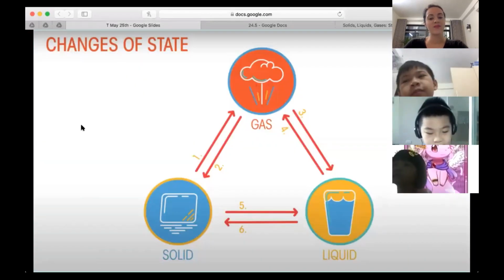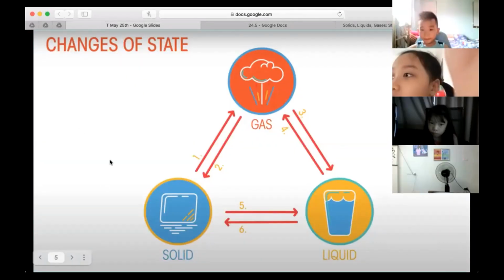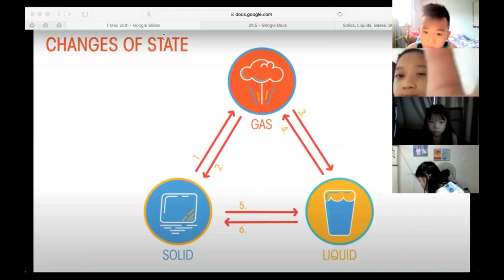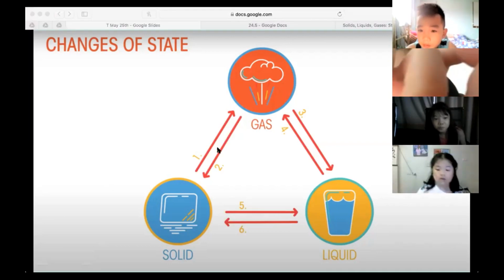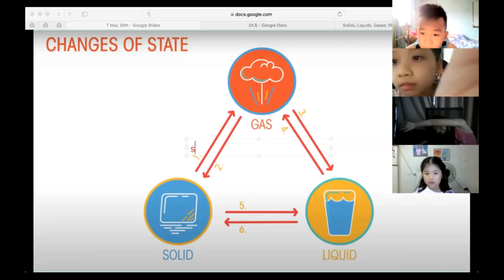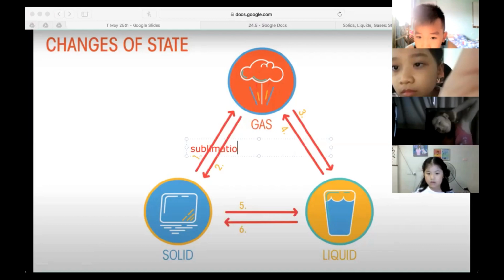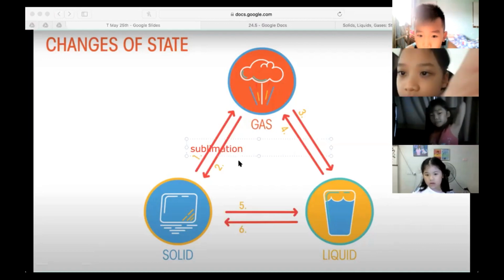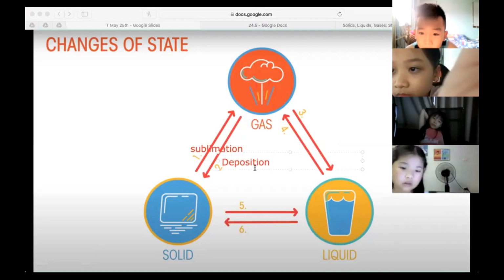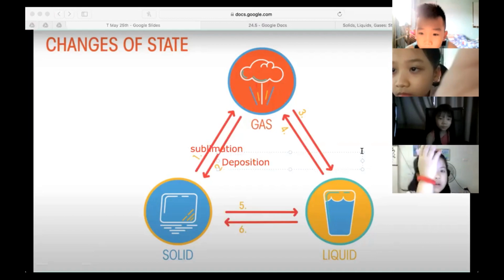Who can give me number 1 and 2? All right, Susu, give me number 1 and number 2. Number 1 is sublimation. Number 2 is deposition. Good. Deposition. I hope I spelled these right. I think I did.